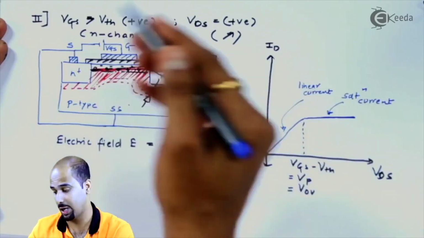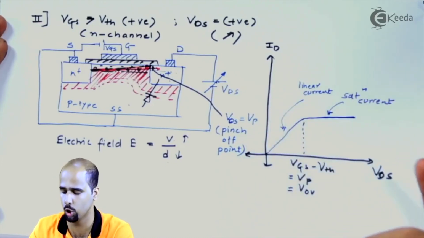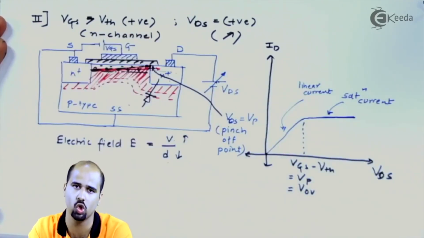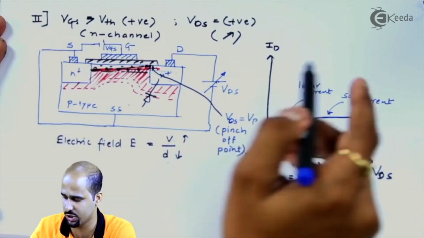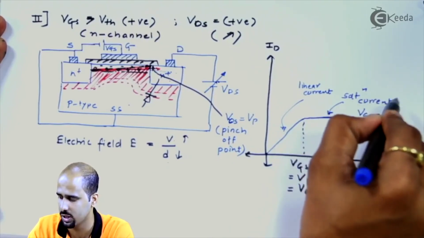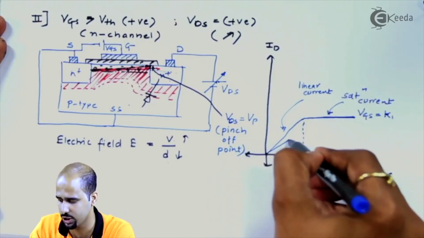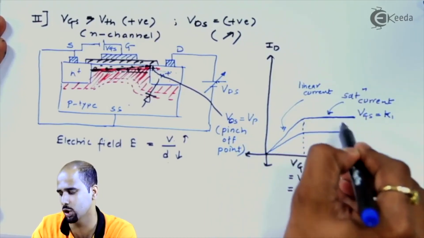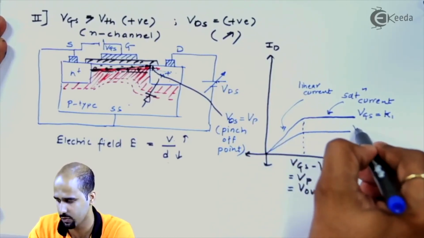Now we can easily find how the characteristics will look for different values of VGS. For example, we will say that this VGS is K1. If we reduce the value of VGS, then we get a lower magnitude, but the nature of the slope of the output characteristics will be the same.